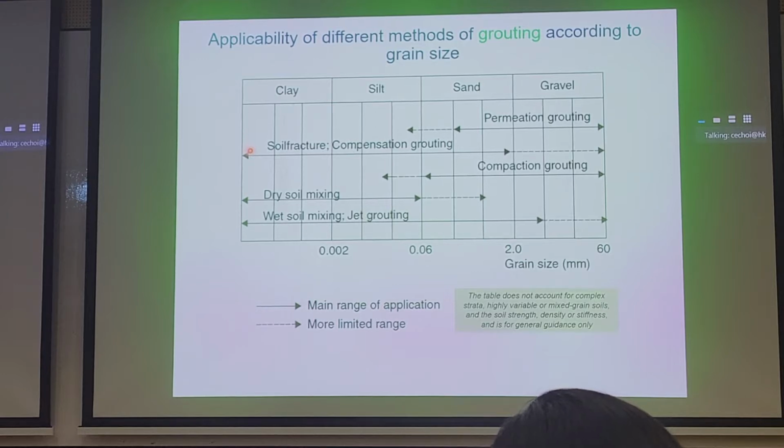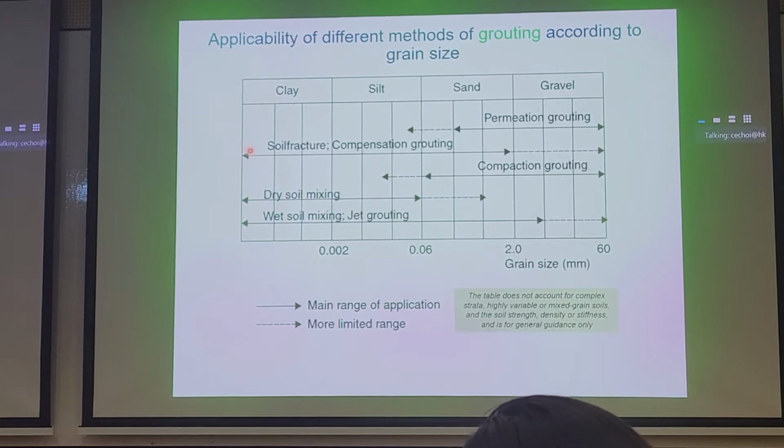Now, based on this principle, you can apply this method to clays and silt as well. Even though they have low permeability, we can still leverage very high pressure to form cracks in the ground and have the grout move preferentially through these cracks. So we don't have to care too much about low permeability or fine-grained clays and silts.